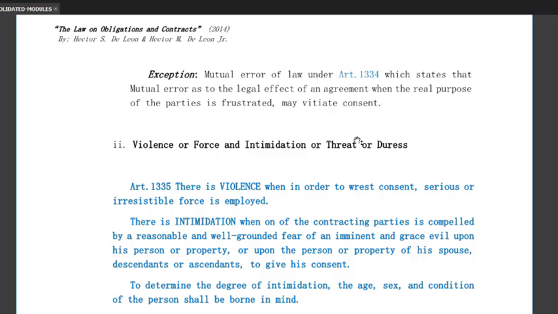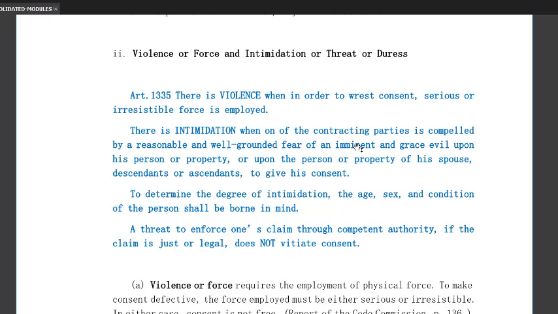And then, let's go now for violence or fraud and intimidation or threat or duress as being stipulated under the law. But going back pala, under 1334, ang sabi dyan, mutual error as to the legal effect of an agreement when the real purpose of the parties is frustrated may vitiate consent.